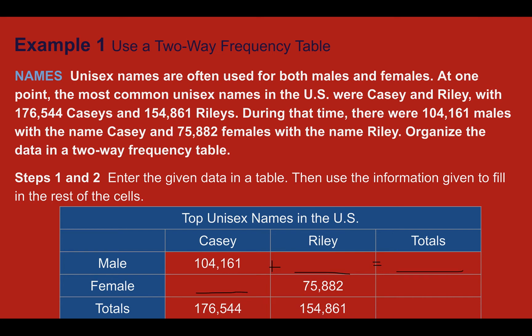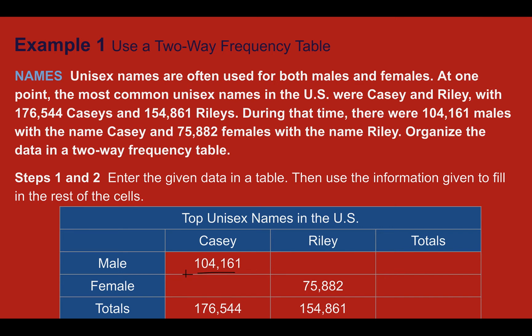This number that we don't know plus this number is going to equal the number over here. And even in our totals, 176,544 plus 154,861 is going to equal whatever is there. So adding across will equal our total. It also works by adding downward.